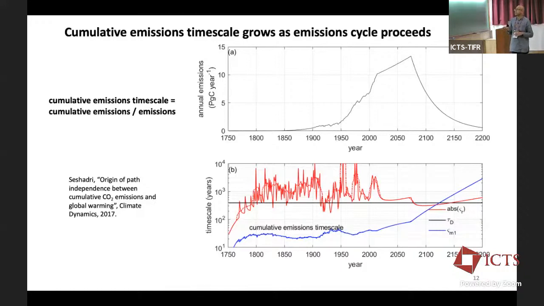Yeah, so the point is, anytime the cumulative emissions timescale is no longer short compared to the timescale for the evolution of the airborne fraction, differences in the airborne fraction will start to matter.